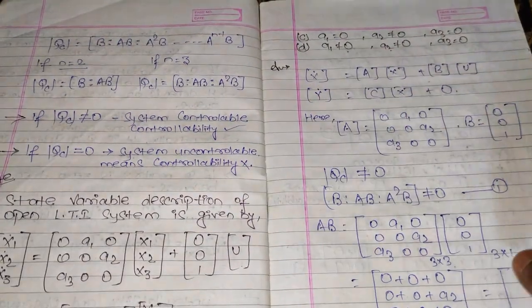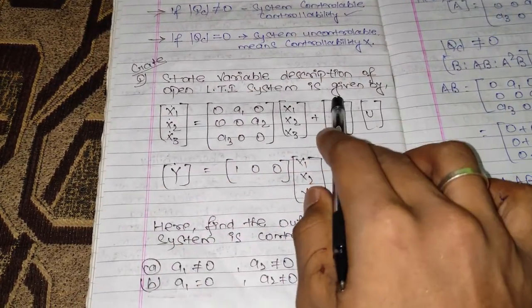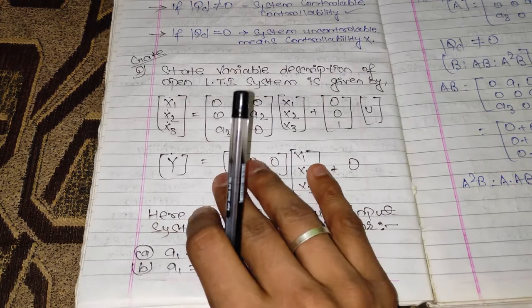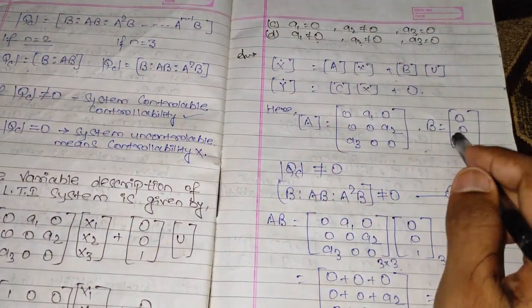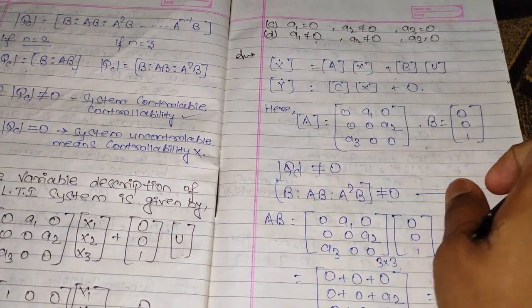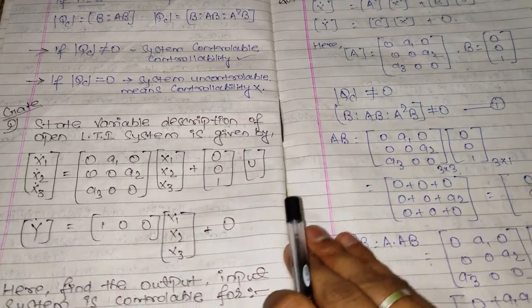C and D. So here, when we compare these equations with the standard representation of the state variable method, A X, B U, C X, we get the matrix A and the matrix B. To find the controllability we only need A and B according to the formula.